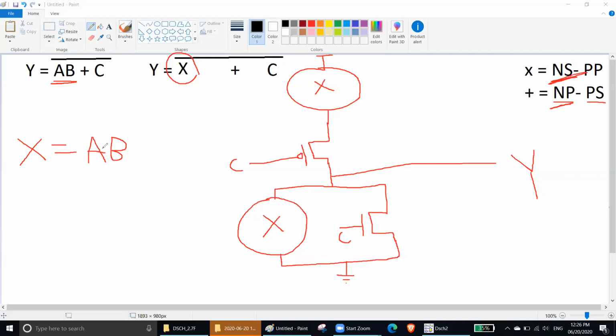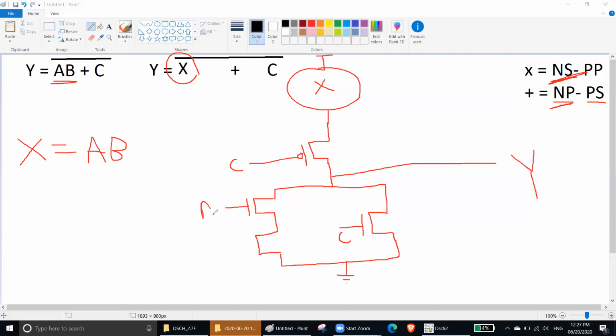That means your A and B are multiplied, so they should be series. Remember, A and B should be series, so I'm going to draw them in series. This is your A, your B. Understand? Since X means the whole part was AB, and AB was multiplied, NMOS will be series.